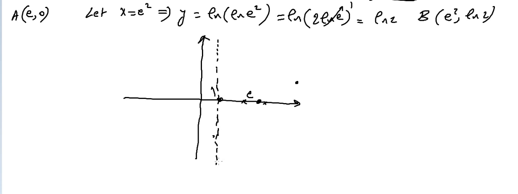It goes up, up, up, cutting the x-axis, passes through this point, and it goes all the way as if parallel to the x-axis, but it ran away from it. This is the curve. Simply, this is the curve.